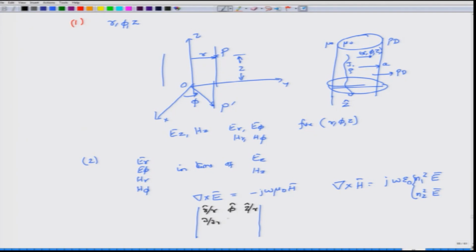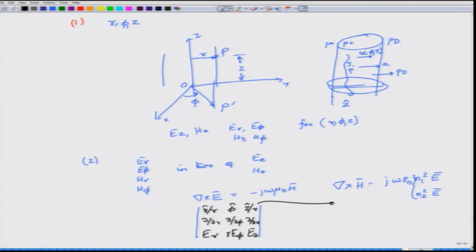So, you have del by del r, del by del phi and del by del z, and then you have E r, r E phi and then E z. So, this is your curl of electric field. If you expand this determinant out, you are going to get the expression for curl of E. Similarly, the curl of H expression would involve Hr, H phi and Hz.